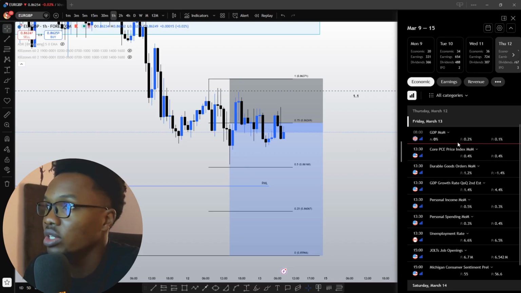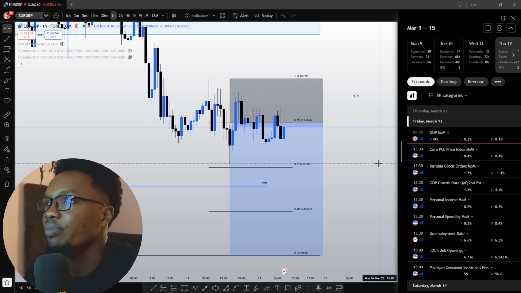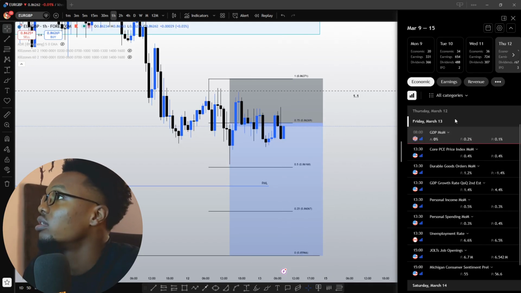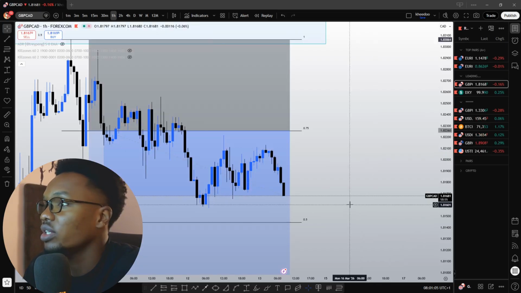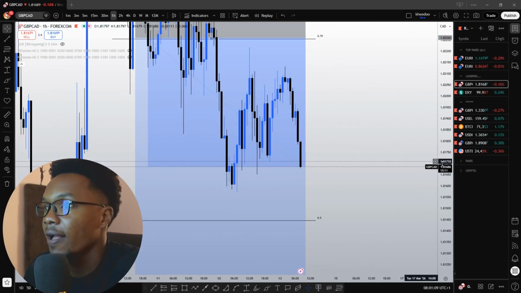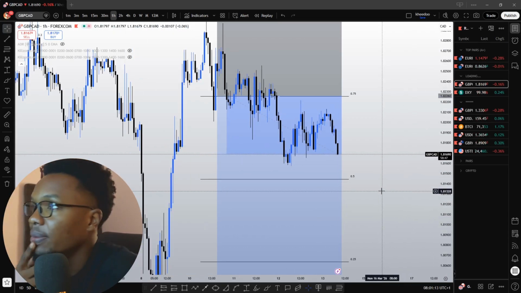So there was no growth last month for the pound. That's bearish for the pound. That's why price is pushing up like this, I think. You can see the reaction over here also.